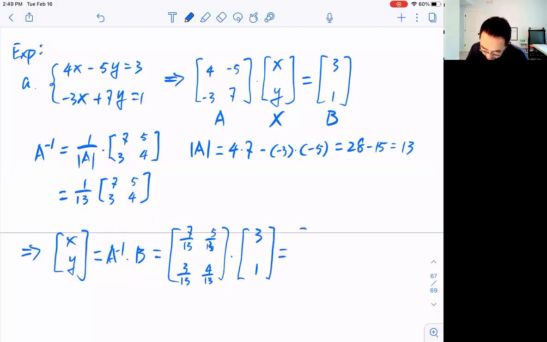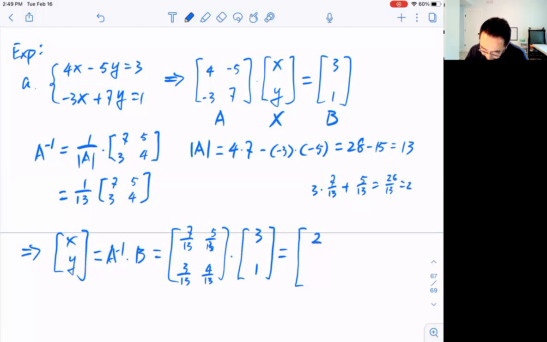The first number is this times this plus this times this, that's how matrix multiplication works. So that gives you 3 times 7 over 13 plus 5 over 13, that is 21 over 13 plus 5 over 13, which is 26 over 13, which is 2.